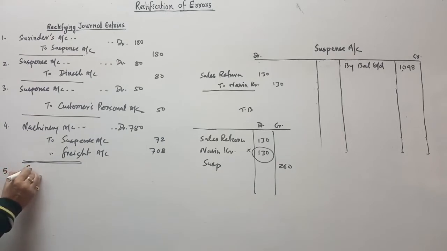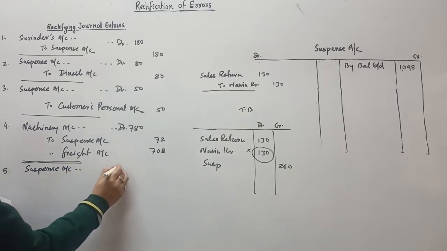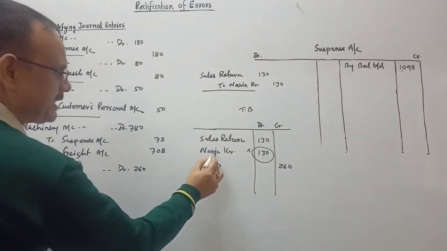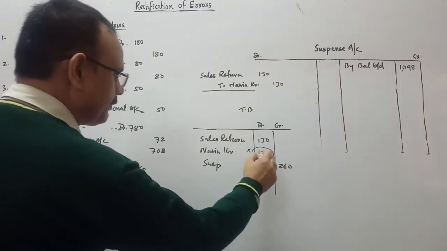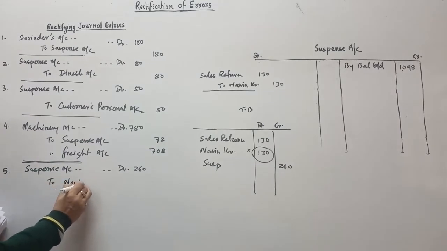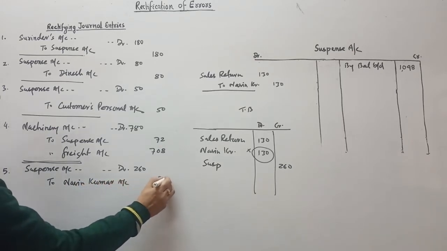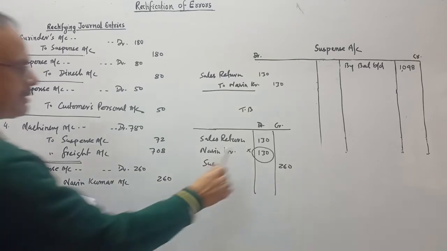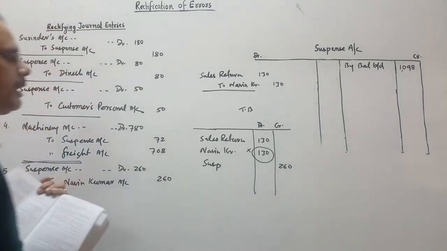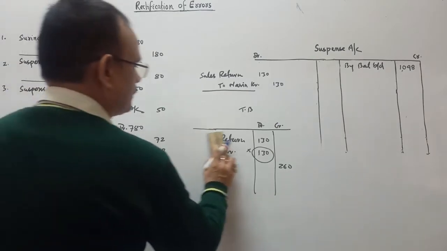First of all, cancel the suspense account by debiting it, 260. The mistake is in Naveen Kumar's account. Instead of credit, you have debited. So add the figure, double it, and write 260 in the credit side of Naveen Kumar, because instead of crediting 130 you have written it in the debit.